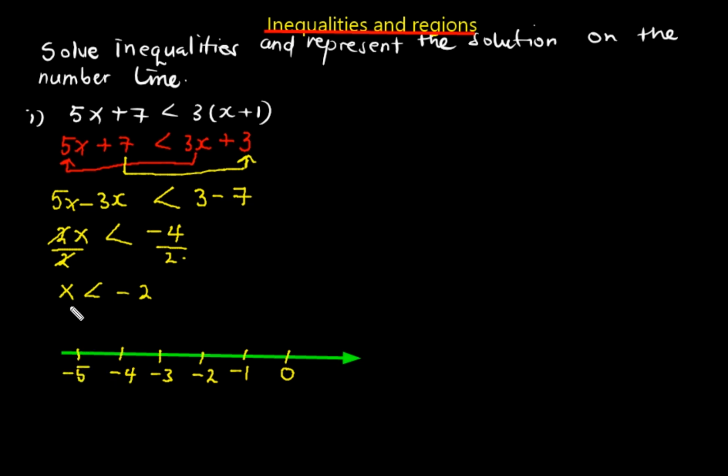But x is less than negative 2. It implies that negative 2 is not inclusive. Therefore, we shall draw an open circle and we draw an arrow going towards the negative. And that is x is less than negative 2. Is that okay?